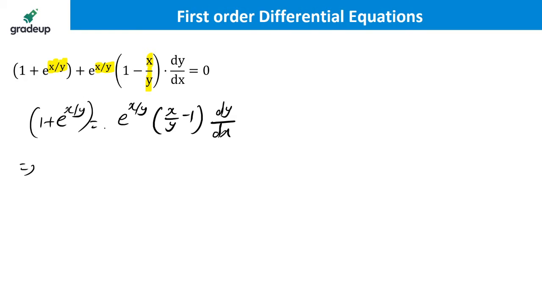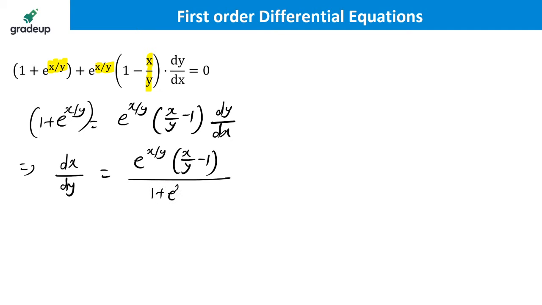Now you can work out the value of dx by dy. So this will be e raised to x by y, x by y minus 1 upon 1 plus e raised to x by y.